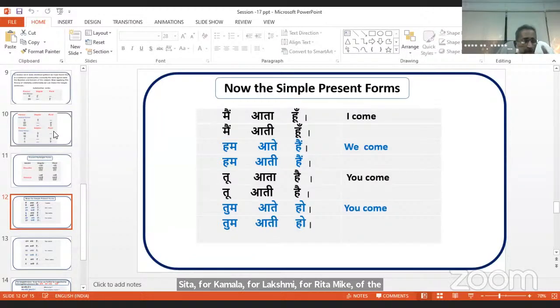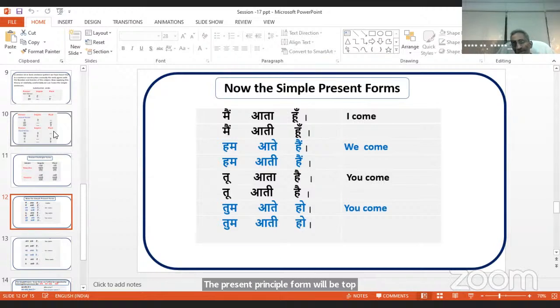So there are three parts: one is the subject, one is the present participle form, and another is the substantive form. Whenever main comes as a subject, the substantive form will be hoon. Whenever main is masculine, the present participle form will be ta.